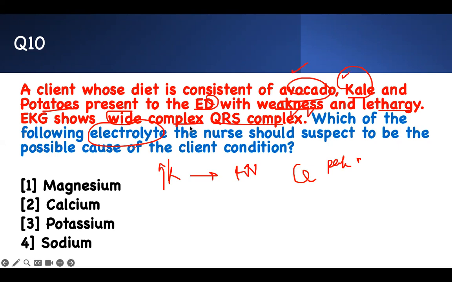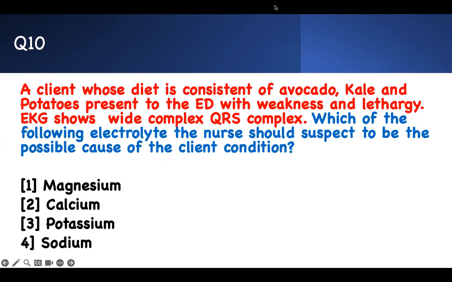It can progress to a wide QRS complex. That means when I see this, potassium is very, very high. Therefore, that's my right answer. The rest mostly cause QT prolongation or shortening. Magnesium is almost the same, but the sodium effect is not that significant.